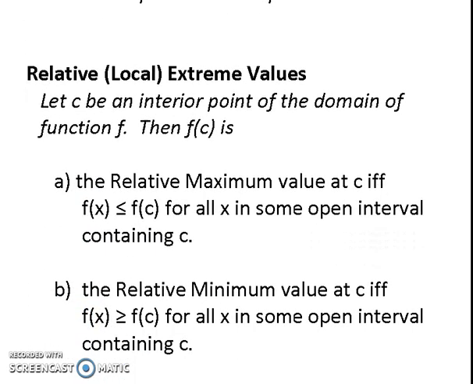Then you have relative or local extremes. They're still maxes or mins. It's just that they may not be the most maximum point for the entire graph or the most minimum point for the entire graph. For example, if I was to sketch a graph like this, this point right here would be an absolute maximum because it is absolutely the highest y value that the function ever has.